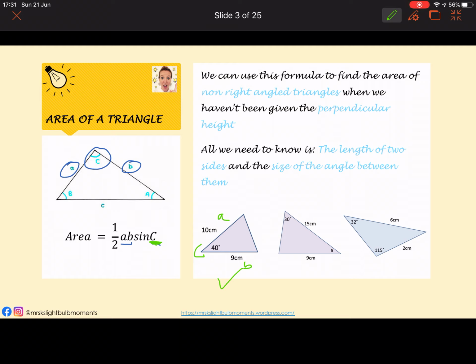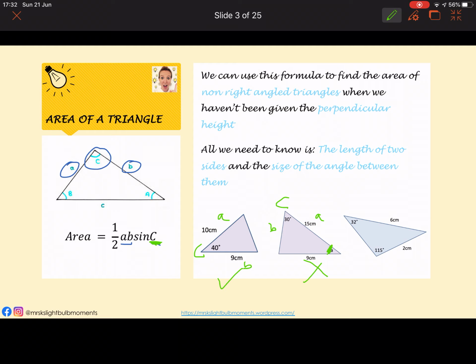Now, the angle I've been given is 30 degrees, so that would be my C. I've got an a, but I don't know this side. Or if I wanted that to be a and the 9 to be b, I'd need to know this angle here, but I don't, I'm just told it's a. So that is not enough information for us to use the rule. It has to be 2 sides and the angle between them.